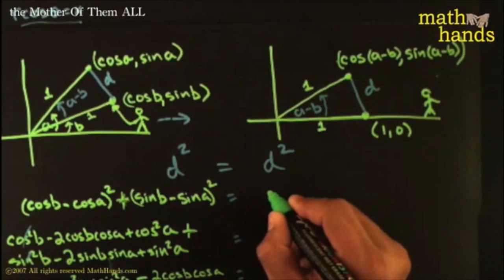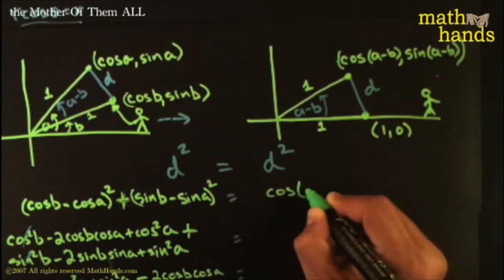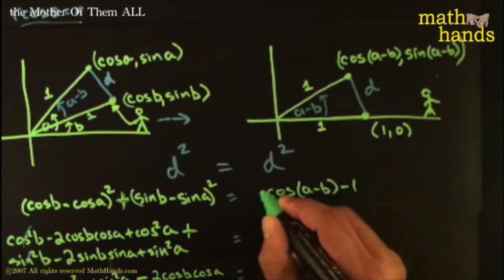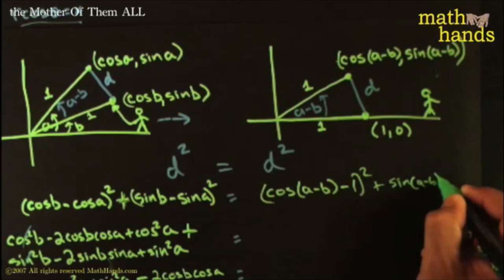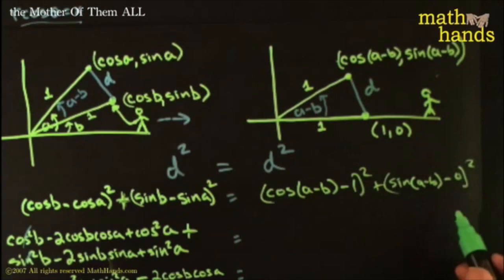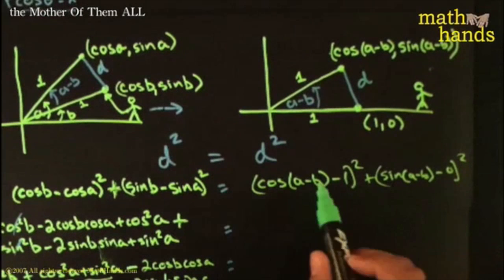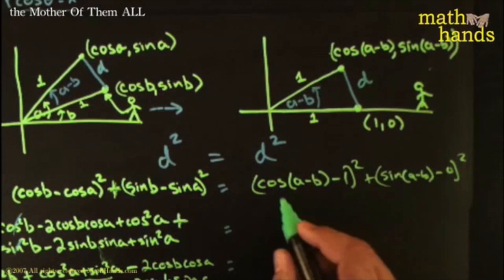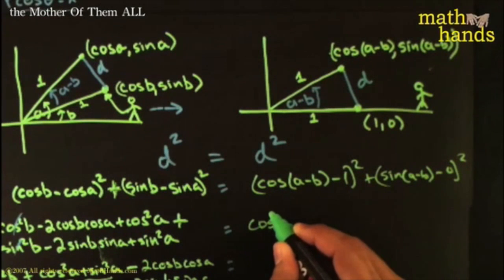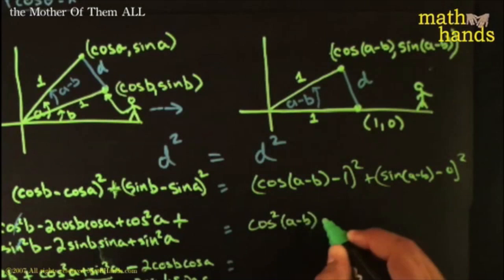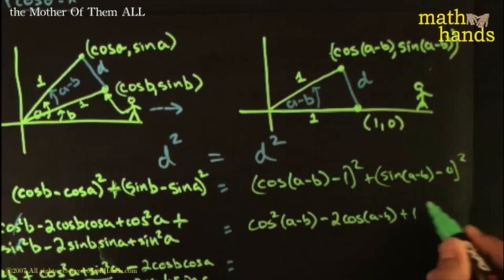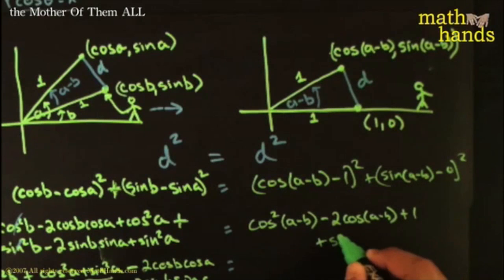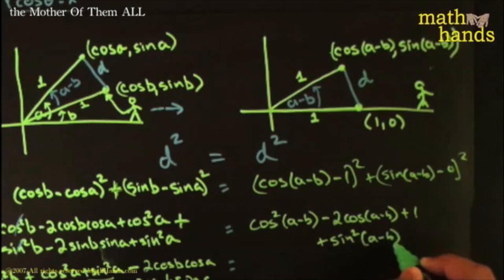It will be cosine of A minus B minus 1, the quantity squared, plus sine of A minus B minus 0, the quantity squared. That's using the distance formula. And we've got to clean that up, so that will give you cosine squared of A minus B minus 2 cosine of A minus B plus 1 plus sine squared of A minus B. And that's it because I got 0 there.